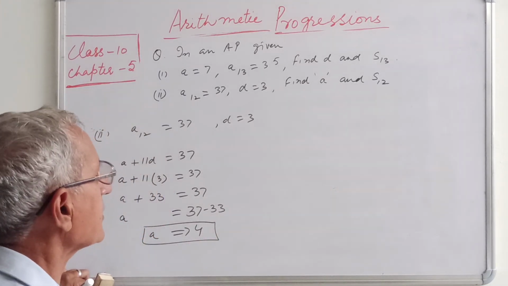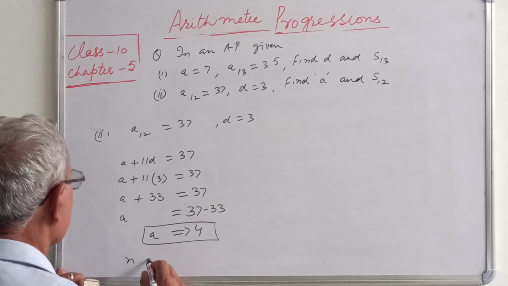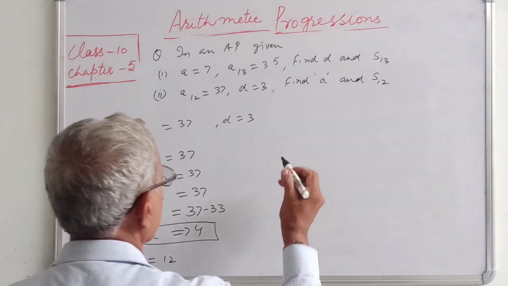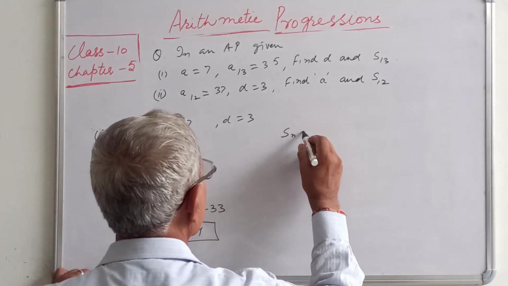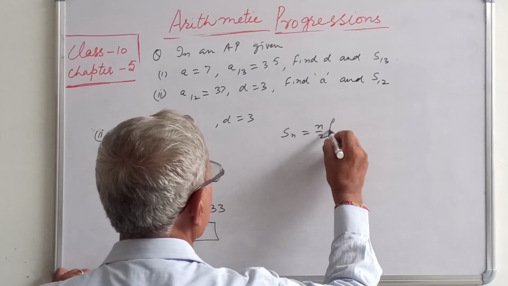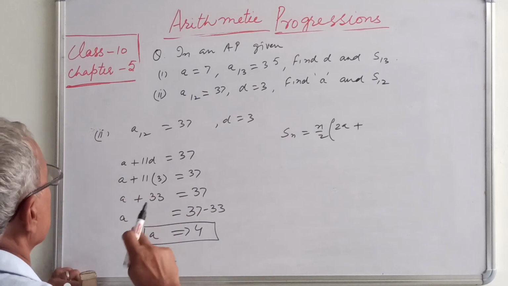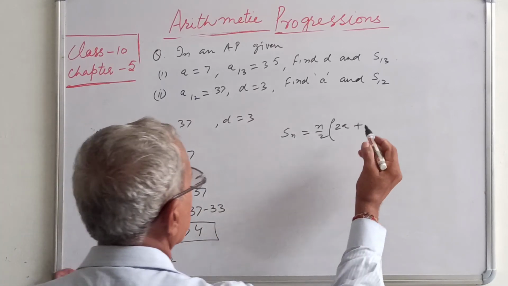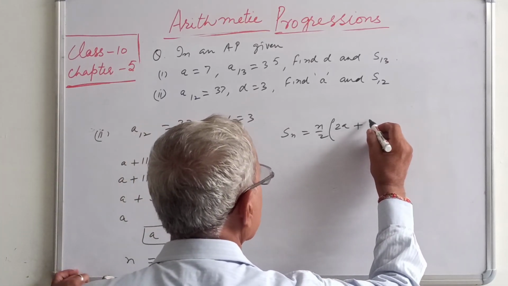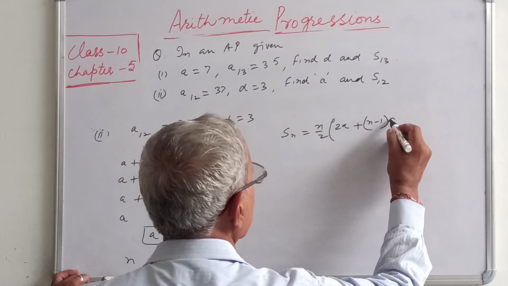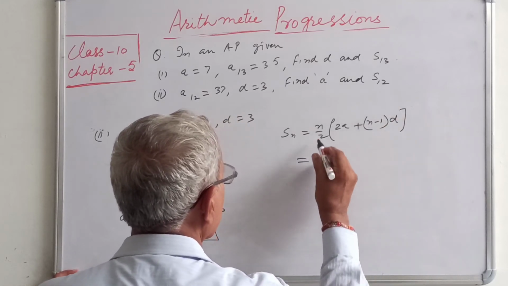Now we have to find S12. So n is 12. So Sn is equal to n/2 into 2A plus n minus 1 into D. So n is 12.